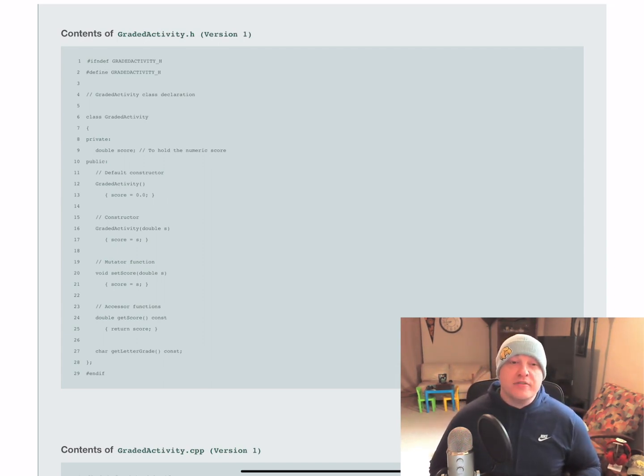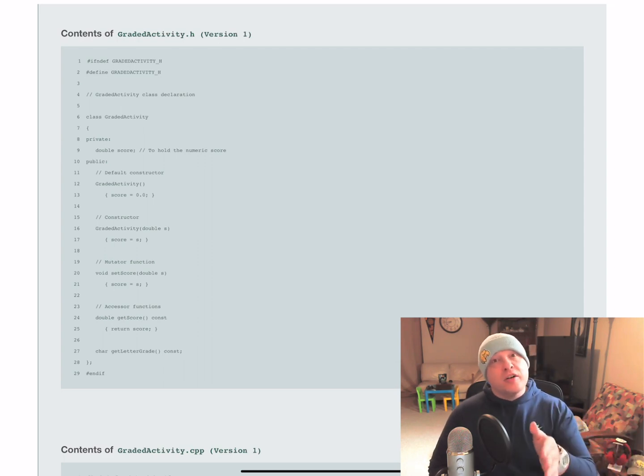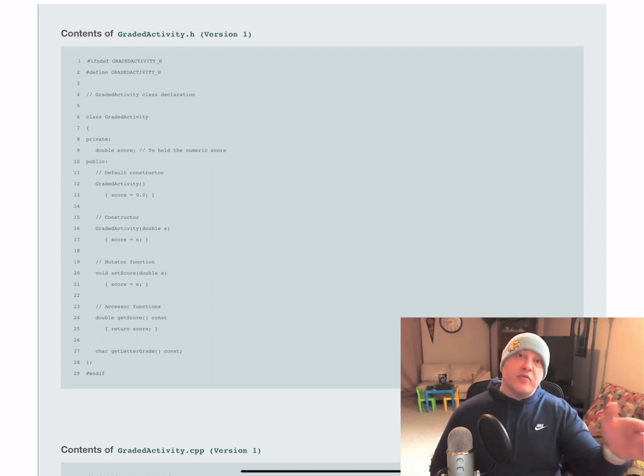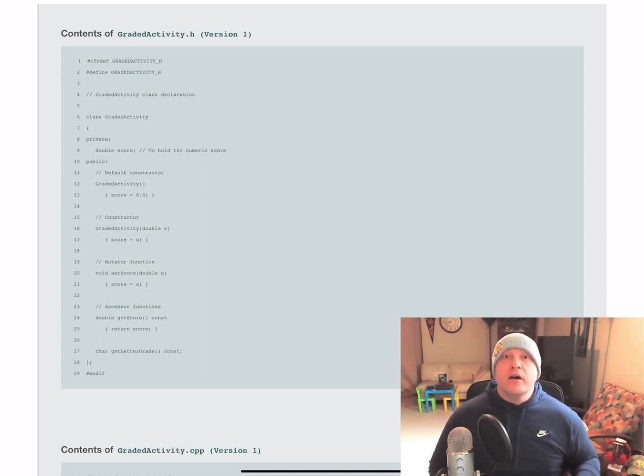They also have accessors. We can see right here, it's line number 24. It is get score, and we have a letter grade. So that would be a member function, and get letter grade would be something that is available to any and all classes that derive from graded activity.